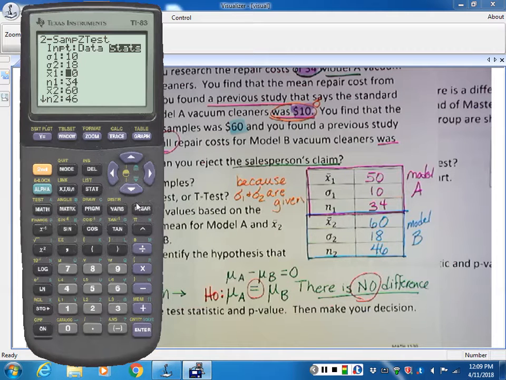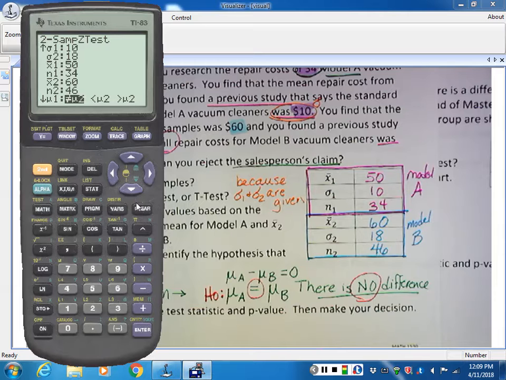And then it says, what's the mean of your sample from model A? That was 50. And then how many were in that sample? Well, there were 34. And then what's the mean for the sample from model B? That's group 2. Well, the mean for group 2 was 60. And the sample size for that group was 46.